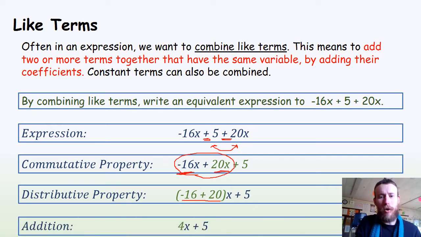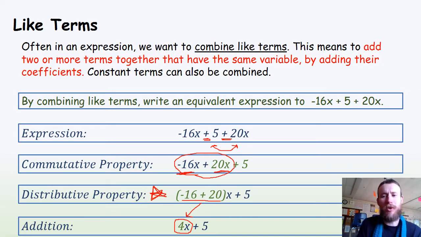Well, it's 4, right? So 20 and negative 16 are going to give us 4. I'm showing this step just because this one is in the book. I don't typically do this step using the distributive property. I just add coefficients. So negative 16 plus 20 is 4.